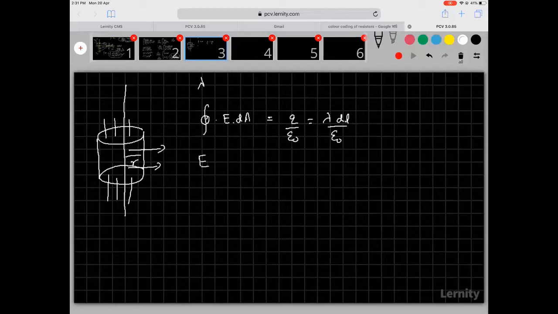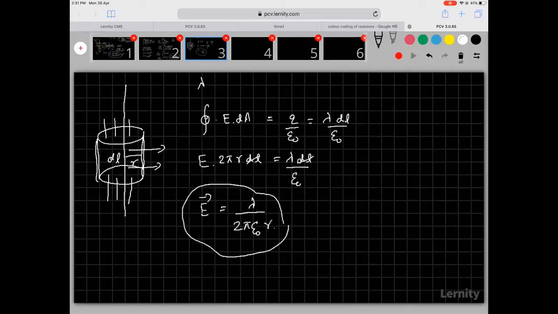E goes out, dA is 2 pi r dl, the curved surface of the cylinder. If this length is dl, E times 2 pi r dl is equal to lambda dl by epsilon naught. So dl gets cancelled and I get electric field equal to lambda divided by 2 pi epsilon naught r, which in our case would have become lambda divided by 2 pi epsilon naught a.